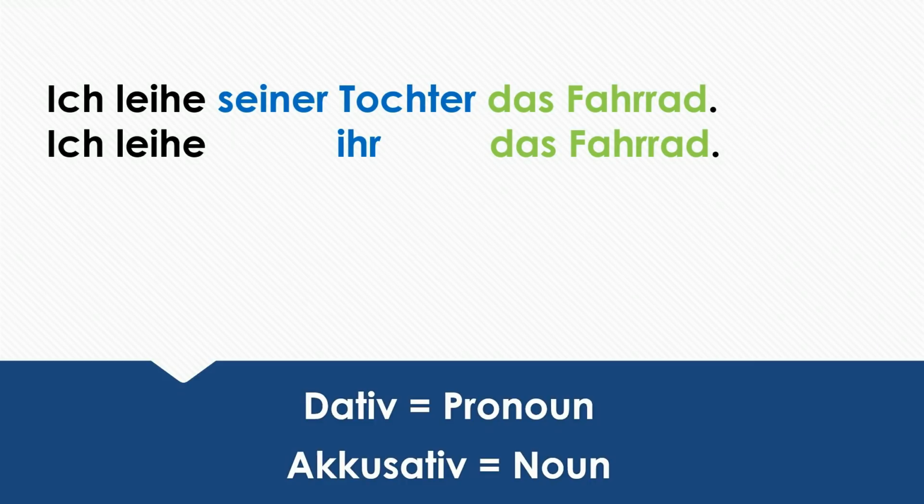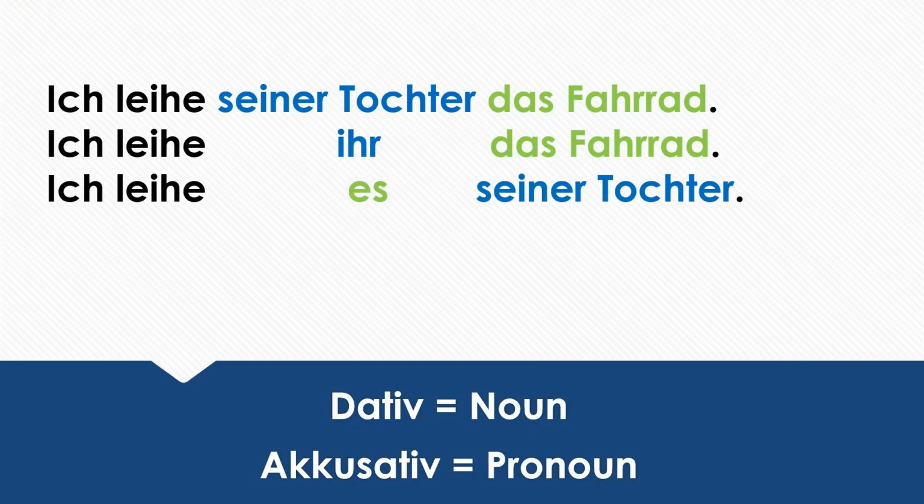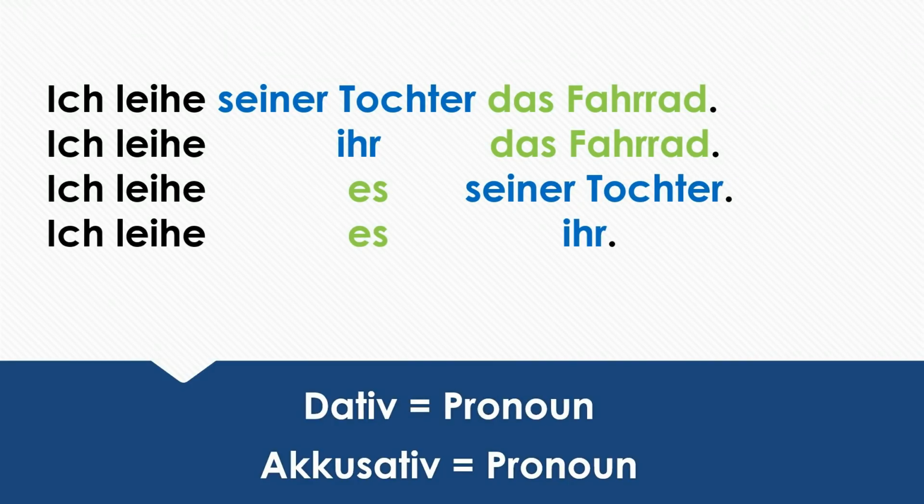I'm loaning her the bike. We can also replace the accusative object by a pronoun. Ich leihe es seiner Tochter. I'm loaning it to his daughter. And we can have two pronouns. Ich leihe es ihr. I'm loaning it to her.